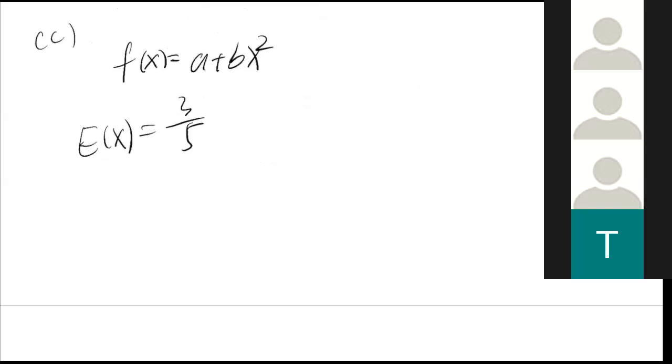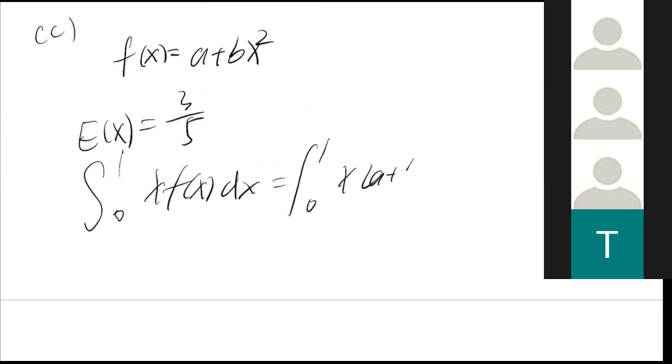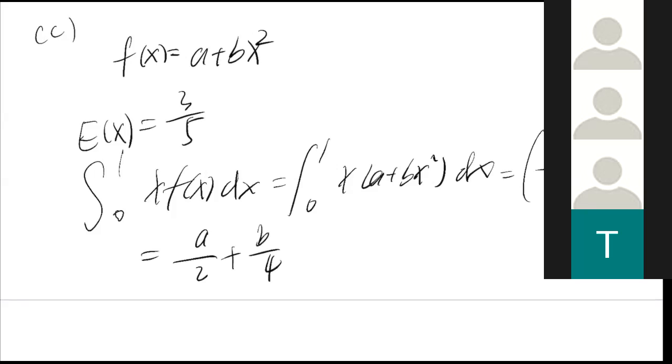The expectation is the integral from 0 to 1 of x f(x) dx, which in this case is the integral from 0 to 1 of x times (a plus b x squared) dx. If you calculate the integral, that's a over 2 plus b over 4. And we are given that this value is equal to 3 over 5.